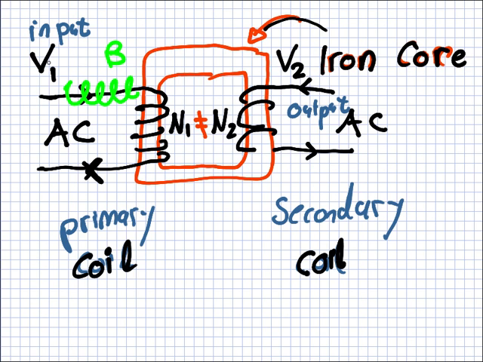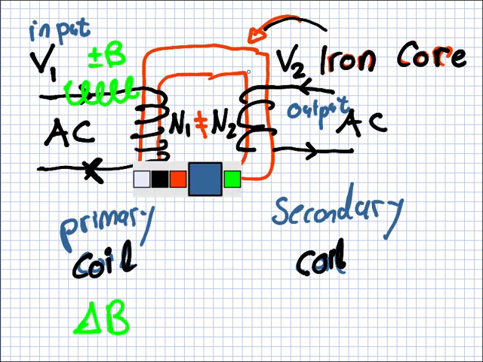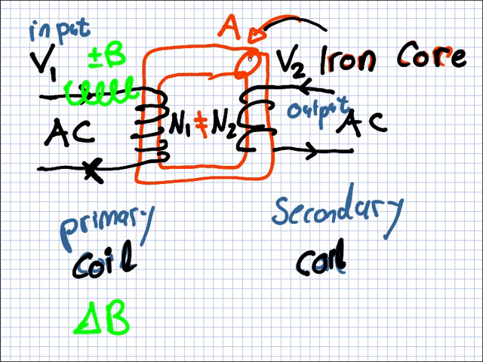Now, because this is an alternating current, it means it changes direction. So this B goes plus, minus, plus, minus, plus. It keeps changing. So this means you have a delta B. Now, the area here doesn't change. So you have this times this is equal to this.